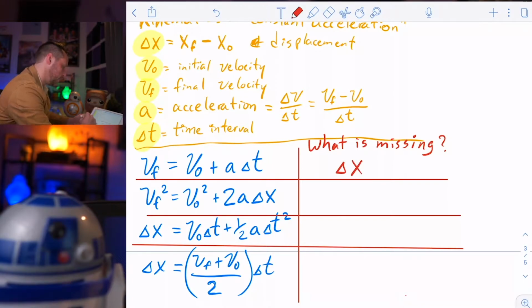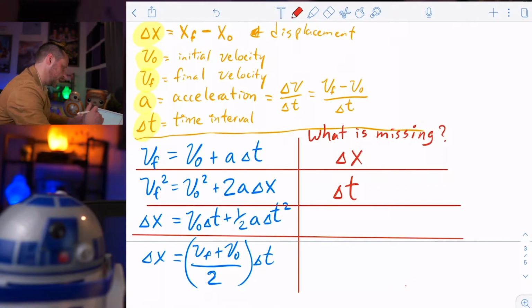And then in the second one, we have final velocity, initial velocity, acceleration, but now we've replaced time with displacement. So we do have displacement, but we don't have time. So now we're missing change in time here. And then the third equation, we have displacement again. We have time. It shows up in 2 places, actually. We have acceleration, and we have initial velocity.